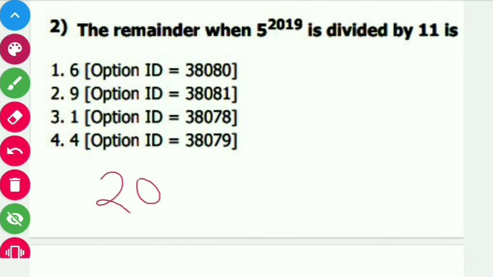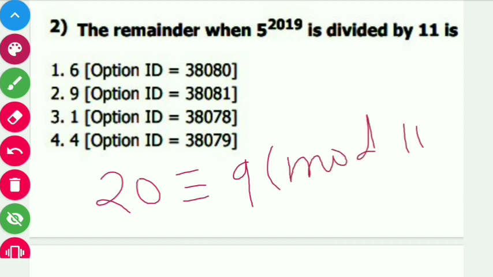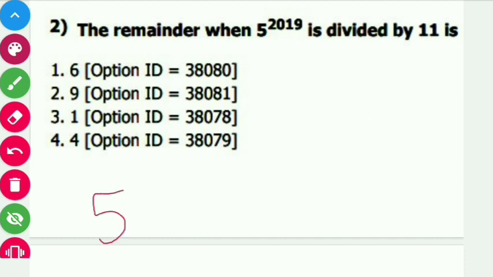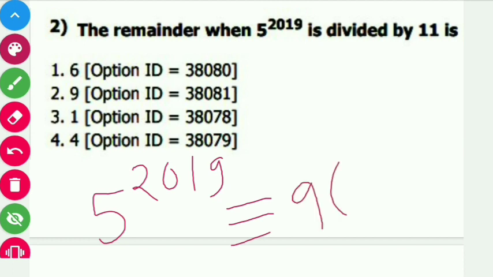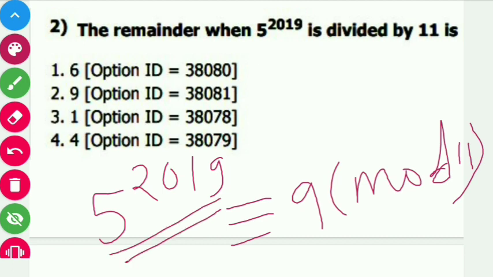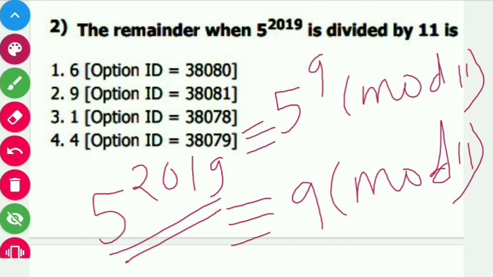So 20 is clearly congruent to 9 mod 11. So we have 5 raised to 2019 is congruent to 9 mod 11. What we did is we wrote this number as 5 raised to 9 mod 11, reduced this number modulo 11, and we get 9.